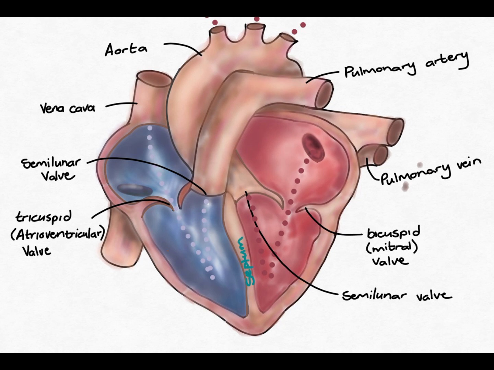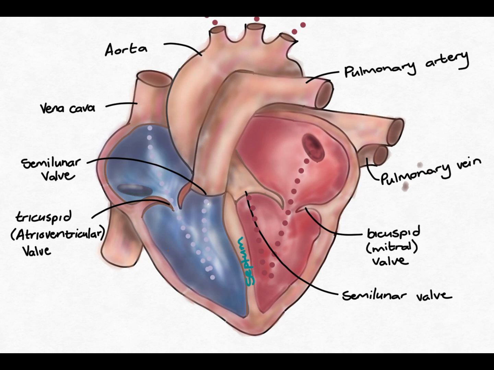Now here in the center of our heart, we also have our septum. Now septum is very important as it separates our deoxygenated from our oxygenated blood. It also helps to ensure that the blood pressure differs between our pulmonary circulation and our systemic circulation.